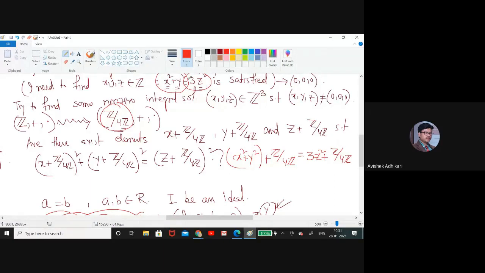If this is satisfied, then by the rule I mentioned, this should be (x² + 4Z) + (y² + 4Z) equal to 3z² + 4Z. Oh, I did something wrong here; it should be 3z², the 3 should come here.